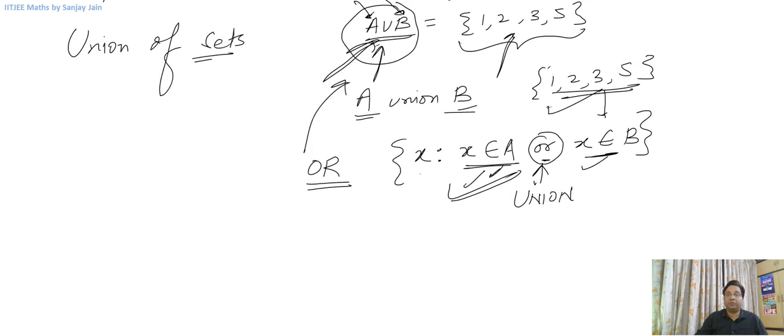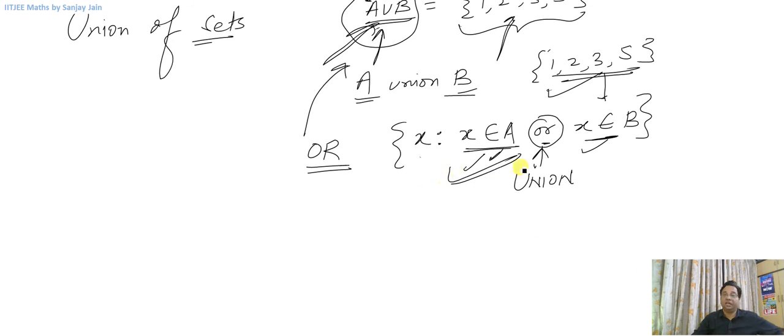Then there are some properties of union of sets. I hope you have understood why I have written OR here. Whereas while defining I said we will take all the elements of A and all the elements of B, barring the repetition of common elements, of course. In terms of English language, all the elements of A will be there, all the elements of B will be there, repetition will not be allowed.